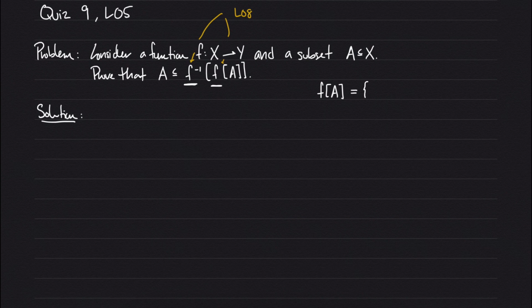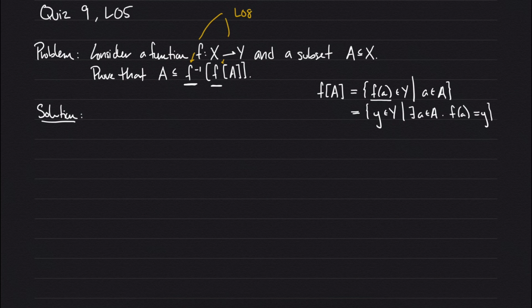This is all the elements in the codomain that are of the form f of little a, where little a is in A. So it's the set of all elements of the form f of a, such that a is in A. You can also write this as all the y's in Y such that there exists an a in A for which f of a equals y. But I think the first way is a bit clearer.